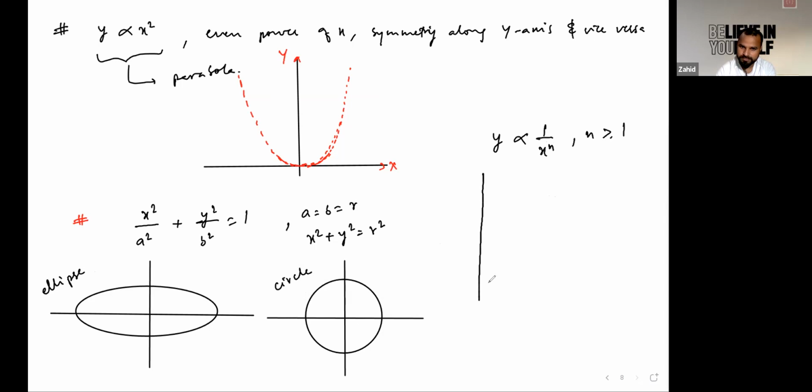And last, if y is proportional to x raised to n, where n is greater than 1, and you draw the curve related to this, it will be a rectangular hyperbola along this side.